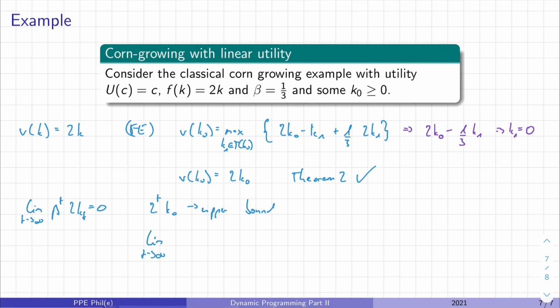Let's see. So this is 1 over 3 to the power of t, times 2 to the power of t k0, which is equal to the limit of 2 thirds to the power of t k0. And this is smaller than 1. So indeed, for t going to infinity, this converges to 0.